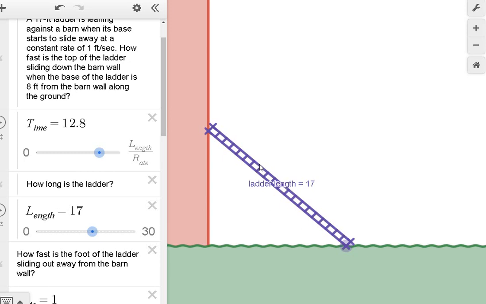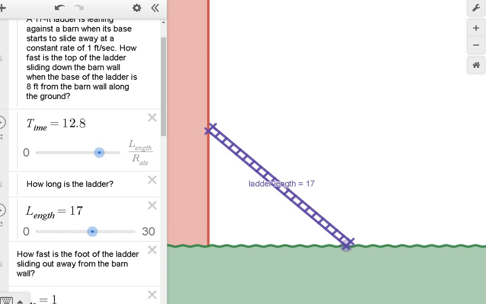X is the length along the x-axis, y is the height, and z is the length of the ladder. Which quantity is going to be 0? dz by dt. Why dz by dt? Because the length of the ladder is staying fixed, right? So its rate of change, dz by dt, would be 0.